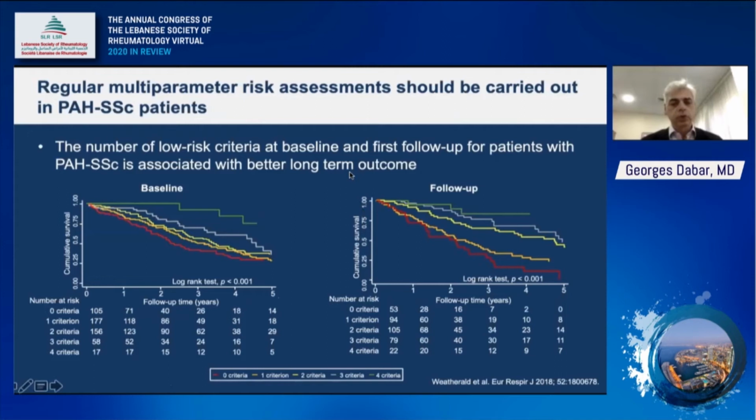What's important to know is that when you are low on your risk assessment, the likelihood to stay low at a 5-year follow-up is good. So you almost have the same rate. If you look at the left and on the right, you have the same rate of patients staying in the green line, which is the very low risk or zero risk of severity criteria, and the survival is good. And the more severe you are, the worse is the survival.